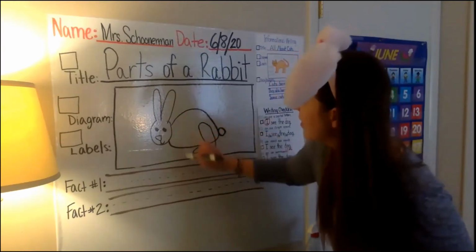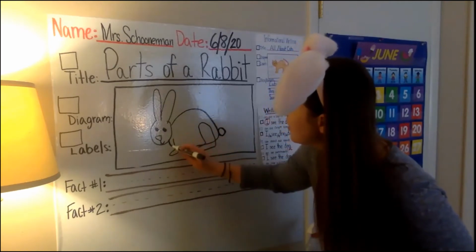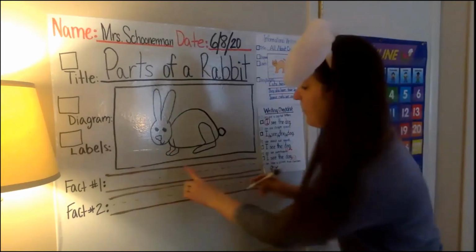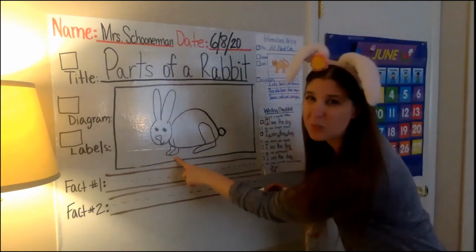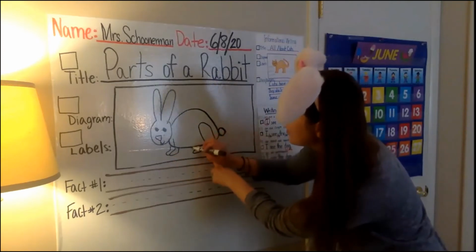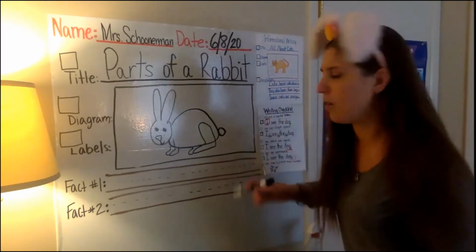Oh, yeah. And then there's legs in the front. So they've got two legs in the front, which are small. And then these back legs, they've got two in the back, but those ones are the really strong legs.